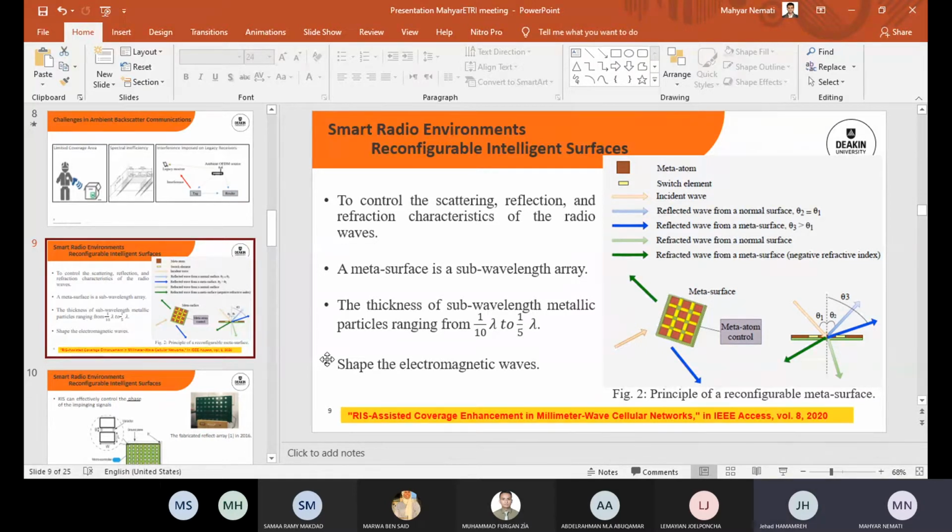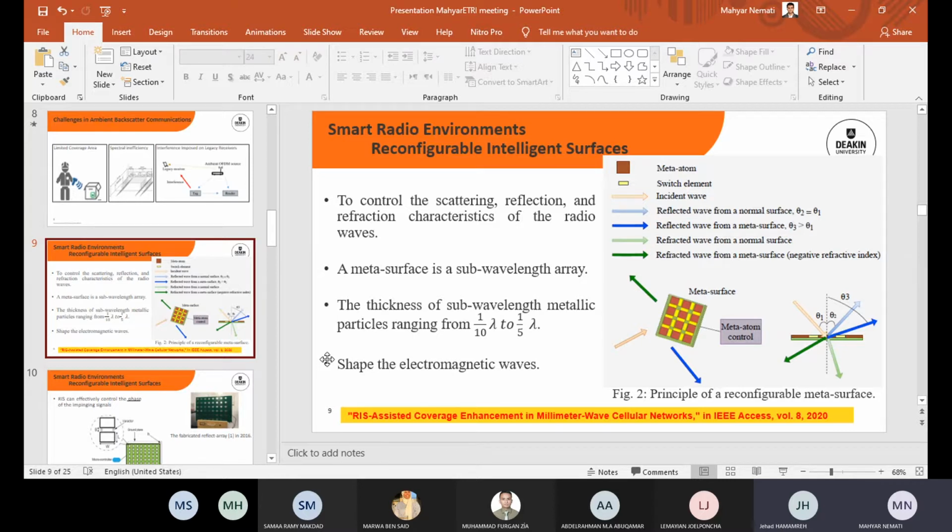What is this concept? This concept wants to control the scattering, reflection, and refraction characteristics of radio waves. As you know, wireless channels are a mixture of these phenomena: scattering, reflection, refraction, and also diffraction.